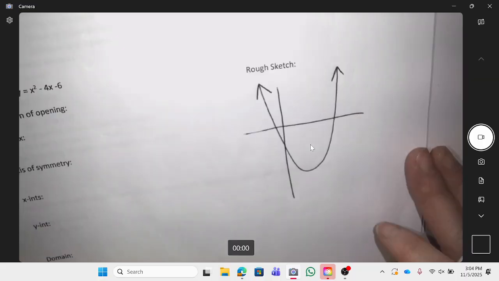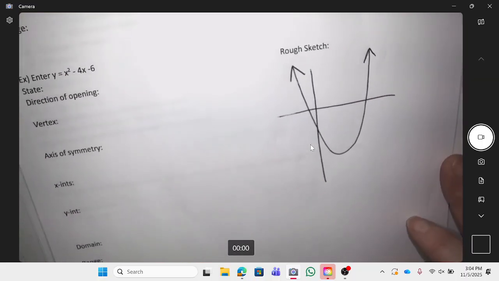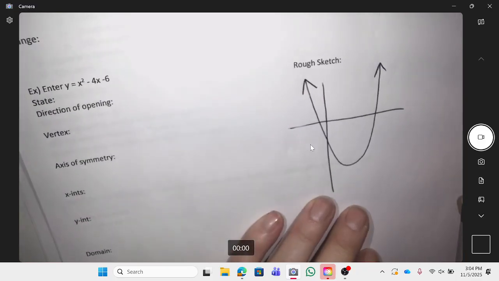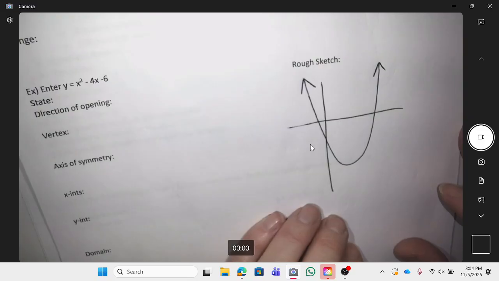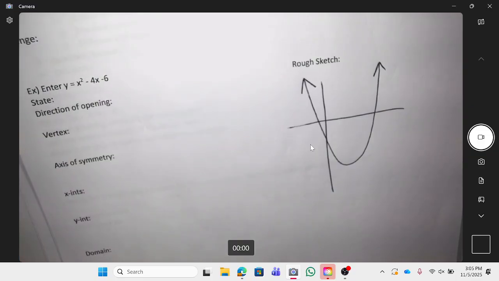Okay, so this is my screen. All right, so here's what we're going to do. The direction of opening. Is this shape heading up like a U, or is it flipping down?